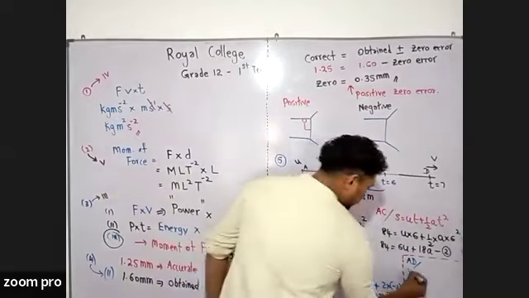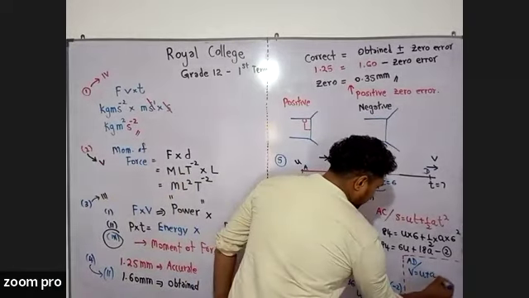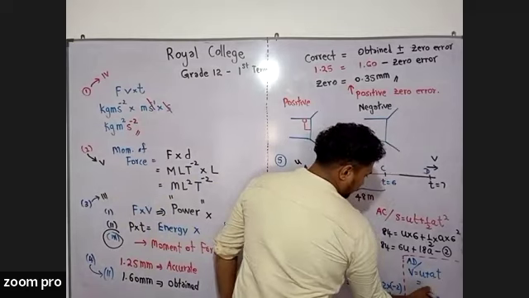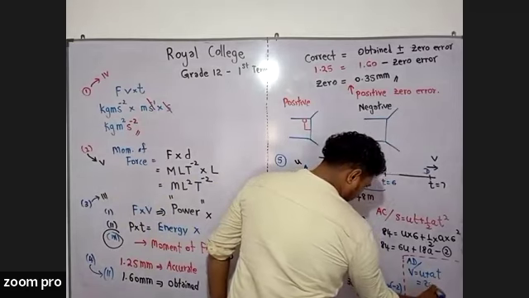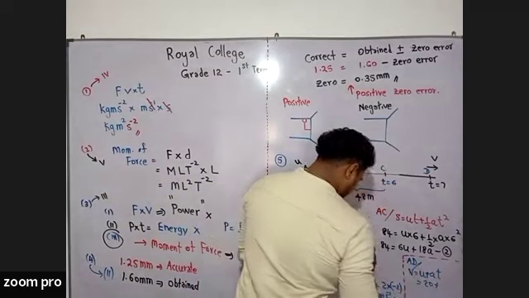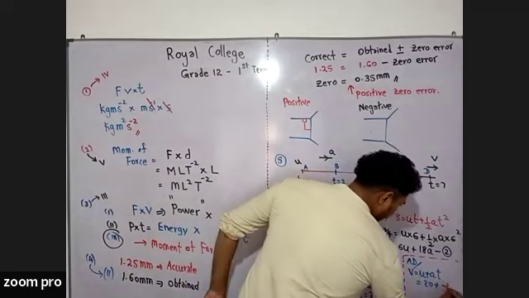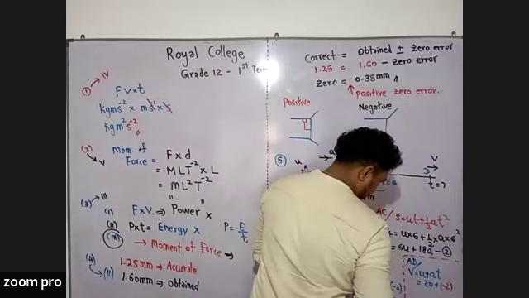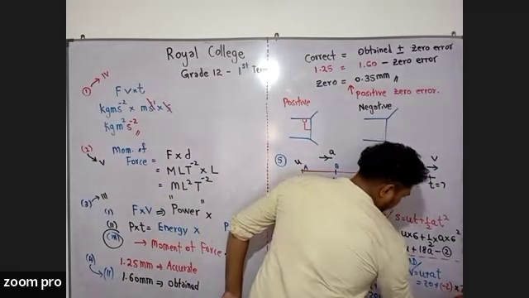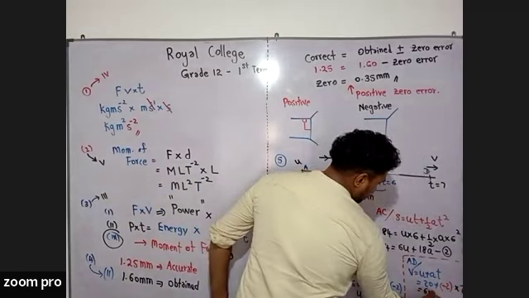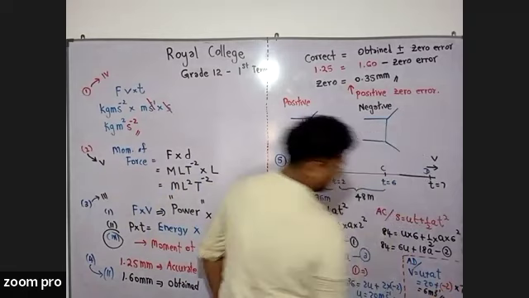So the best equation should be v equals u plus at. Then u is equal to 20, a should be substituted as minus 2, into 7. Then the answer should be 6 ms^-1.